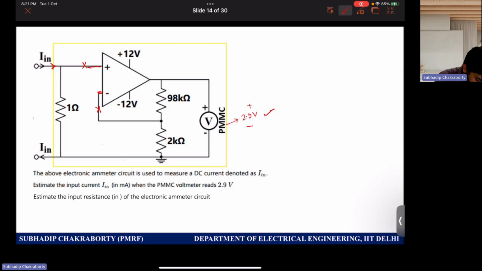So this current will just go like this, right? And this current will also be zero, and this current will be in loop like this.